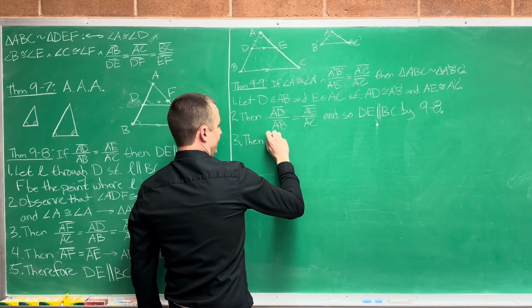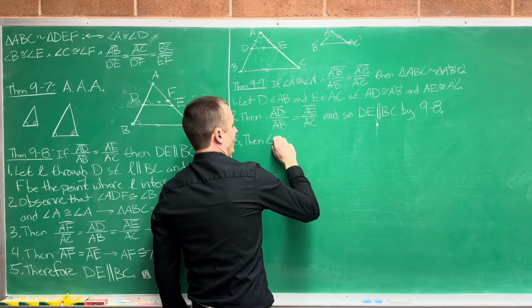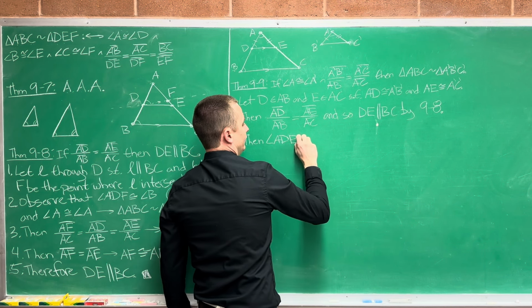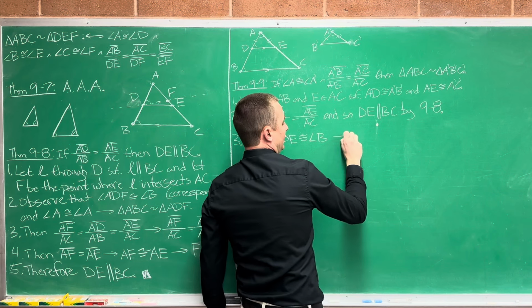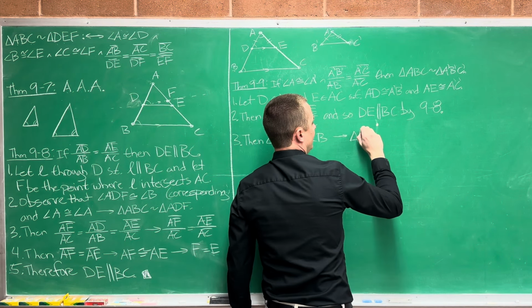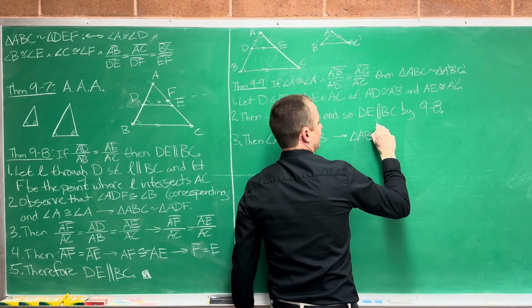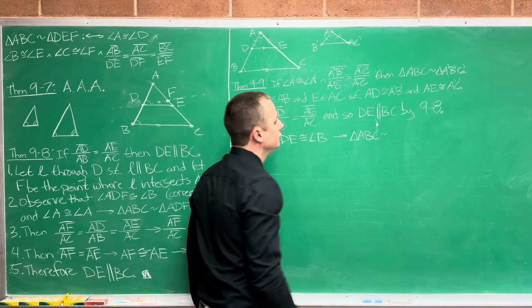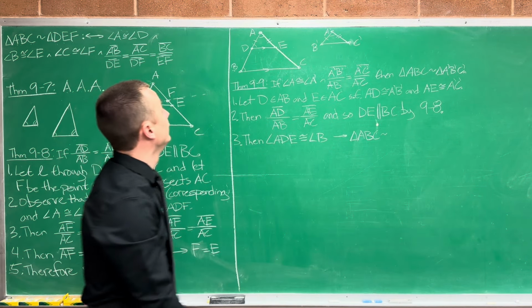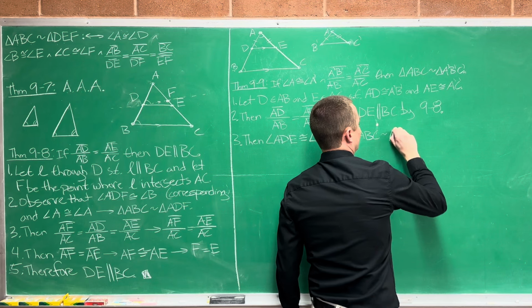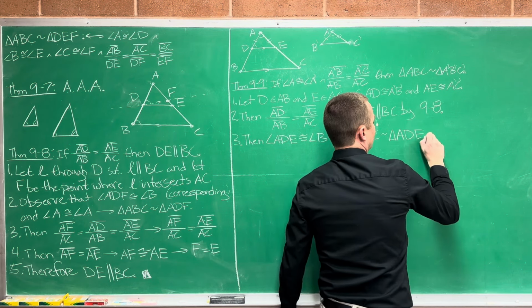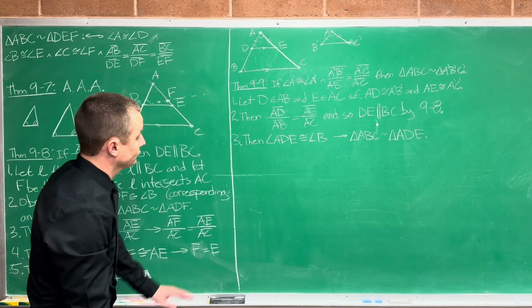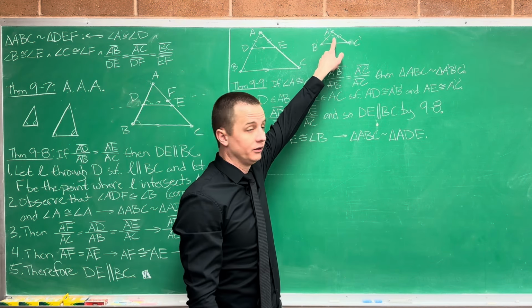So then angle ADE is congruent to angle B, which gives me that triangle ABC is similar to what? Triangle ADE. Which is congruent to this.